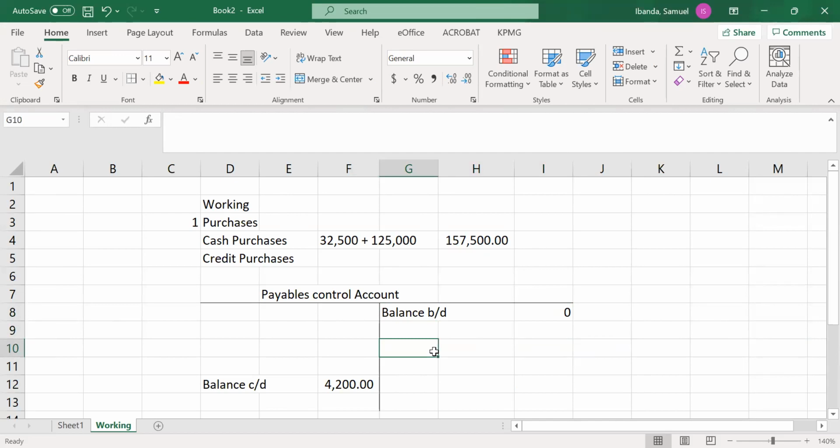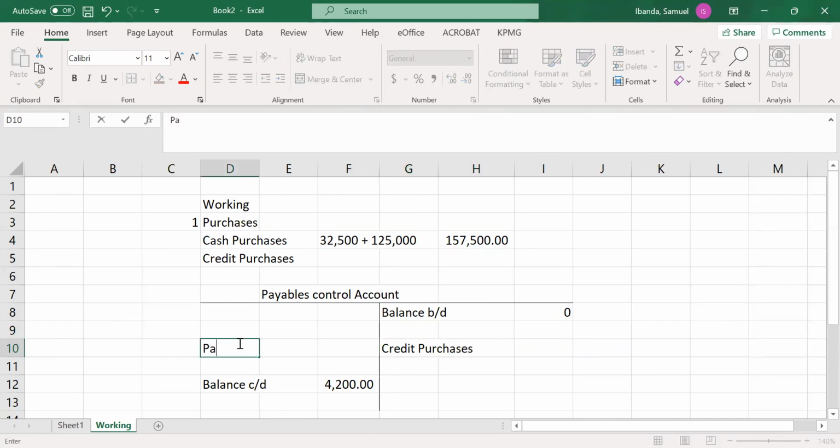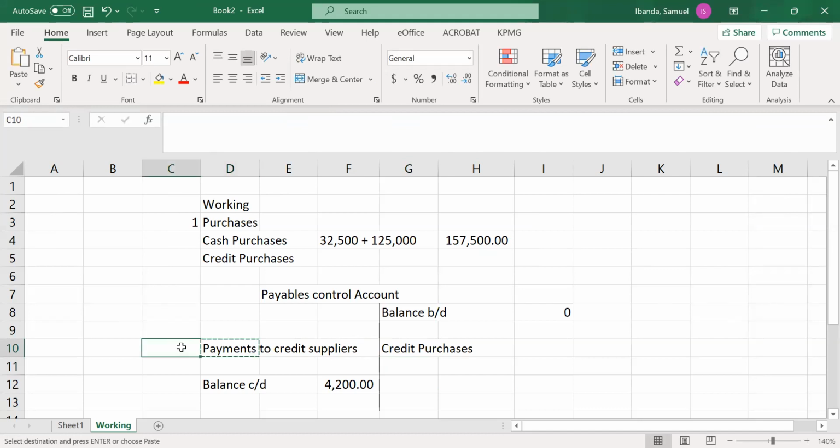What increases your liability are more credit purchases. And what reduces this is payments to credit suppliers. So that is what we basically have in this account. And this is how it works.